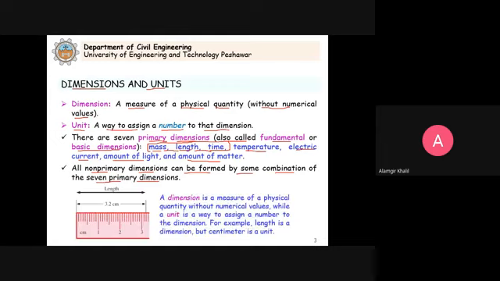This is an example that a dimension is a measure of a physical quantity without numerical values. For example, you see length. So it is a dimension, clear? While a unit is a way to assign a number to the dimension. For example, length is a dimension, but centimeter is a unit.